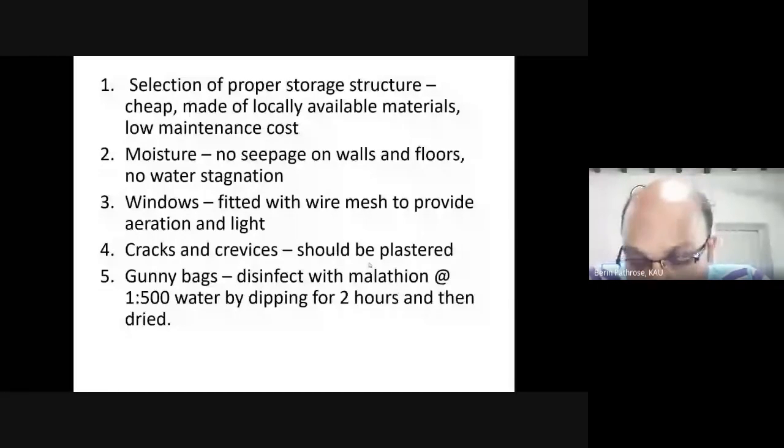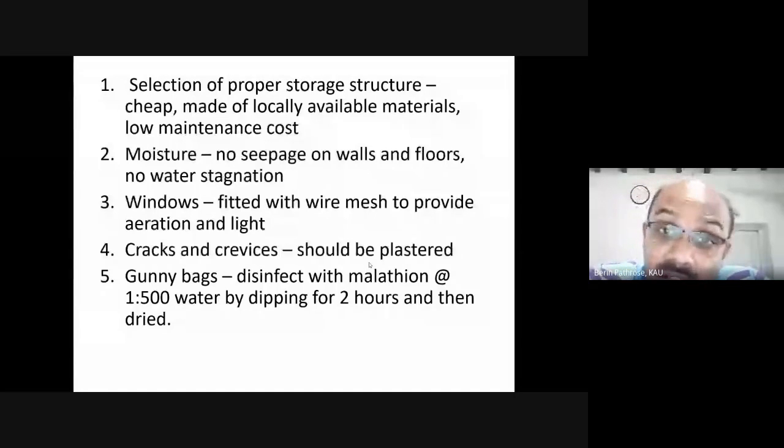That's why we have seen in every locality, depending upon the area, in every state of our country, we have different kinds of materials available for construction of godowns. Some may be stone slabs, some may be masonry work. Whatever it may be, it should be cheap, made of locally available materials, and the maintenance cost also should be low. So this is the first thing with respect to storage structure.